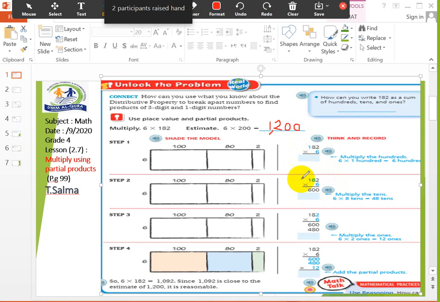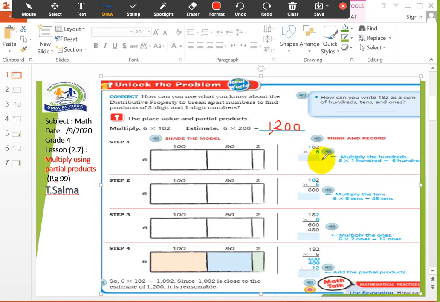How will I multiply this number? Please focus with me, okay? Focus with me now to know how I will multiply a one-digit number by a whole number. Let's start. First thing, if you multiply the number by each digit, you have to multiply the one-digit number by the value of this digit, okay?